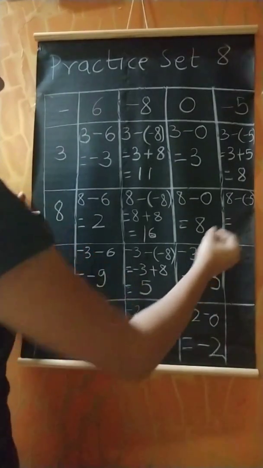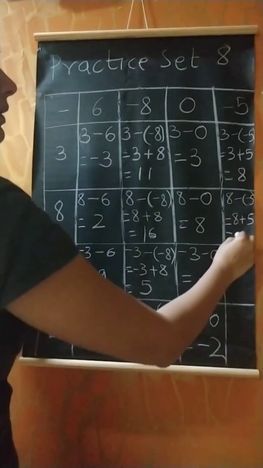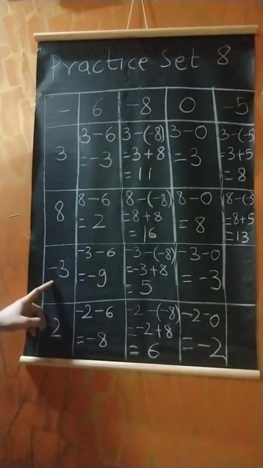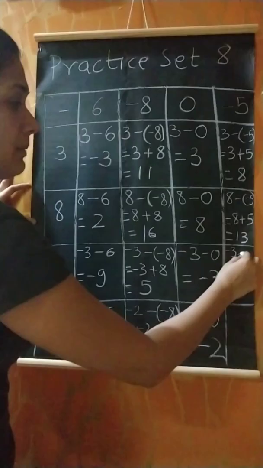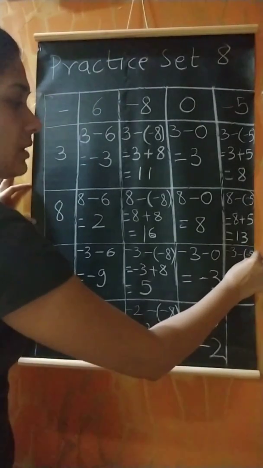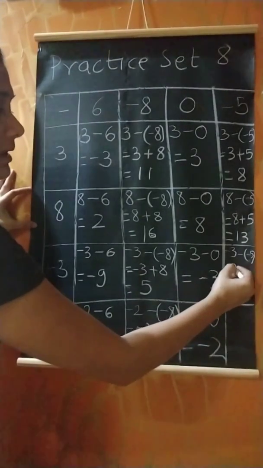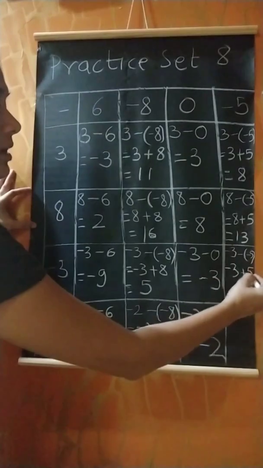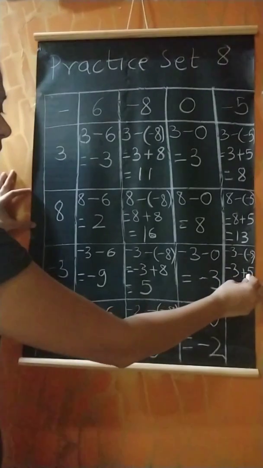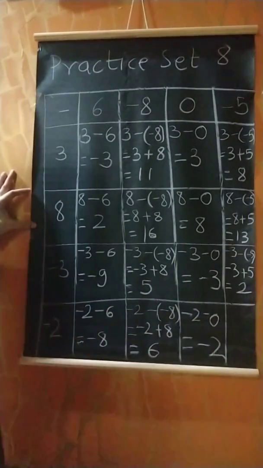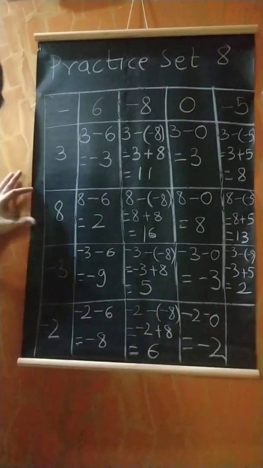So 8 plus 5 is 13. Okay. Minus 3 minus (minus 5). When this minus 5 comes out of the bracket, it will be minus 3 plus 5. Both have opposite signs, so you subtract 3 from 5, that is 2, and 5 is the bigger number with a positive sign, so the answer is plus 2.